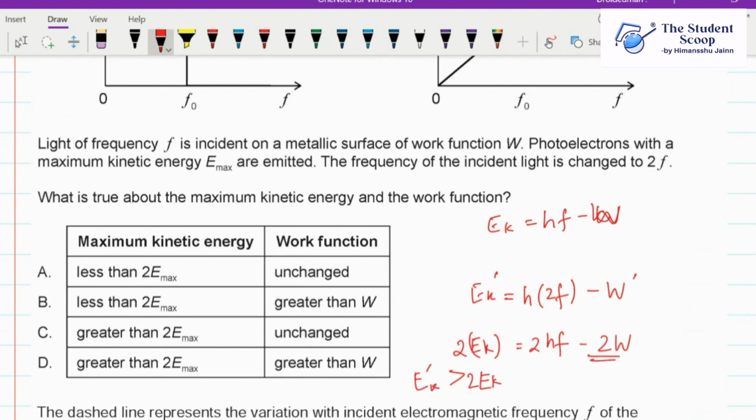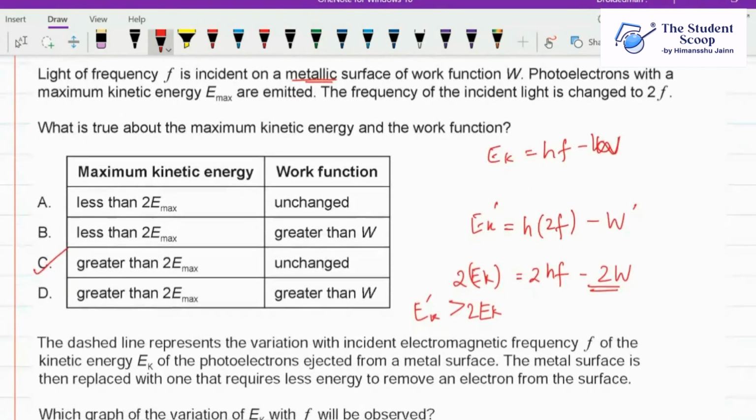Because in 2 EK, we are subtracting 2W from 2hf. Here we are subtracting only 1 W from 2hf. So it is greater than that, and omega, the work function, is not changed, because for the same metal the work function won't change. So the correct answer is C. Okay, the work function does not change.